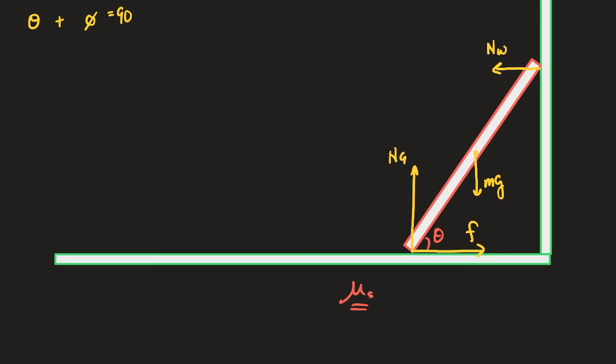There are 3 forces where I do not know what the angle is. I want you to tell me whether it's theta or phi. Which force? NG. All right, so NG, this angle here, and what angle do you think it is? Phi. Thank you.